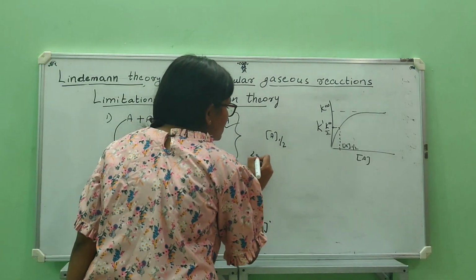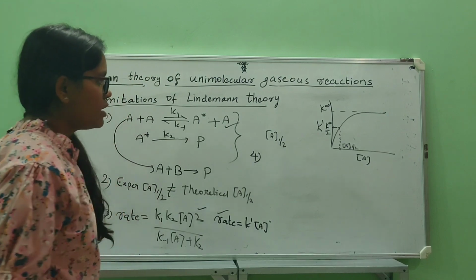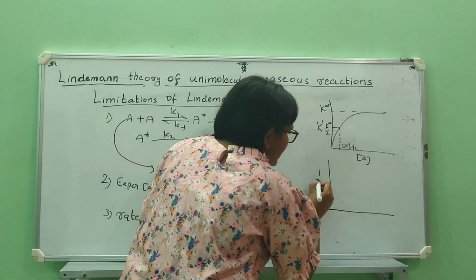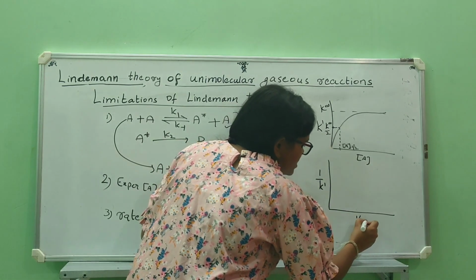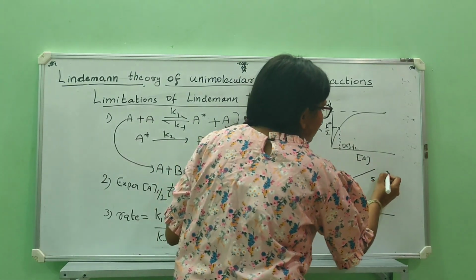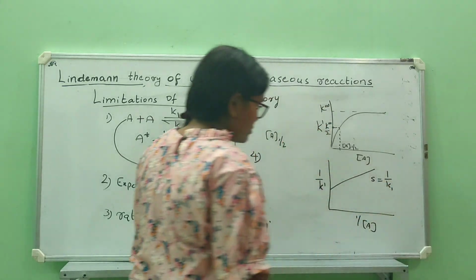Now let us see what was the fourth limitation. I have already shown you the graph between 1 by K dash versus 1 by A. It is a straight line with a slope of 1 by K1.